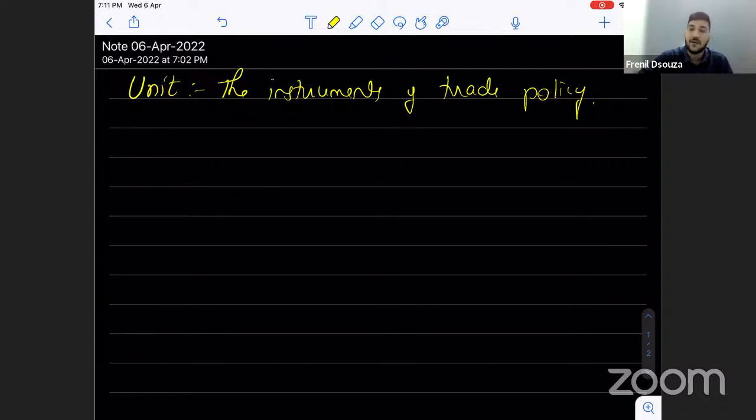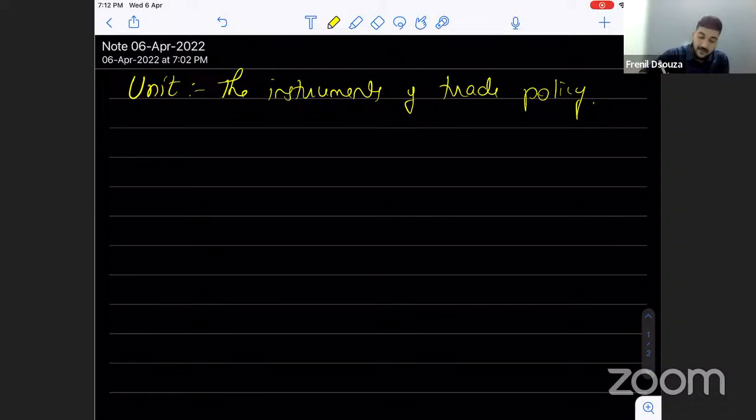They don't like the free flow of goods and services for various reasons. We have seen the arguments in favor of and also many arguments against international trade. Hence, to control international trade, various countries use a lot of measures or tools, and these tools are discussed in the form of instruments of trade policy in this unit.